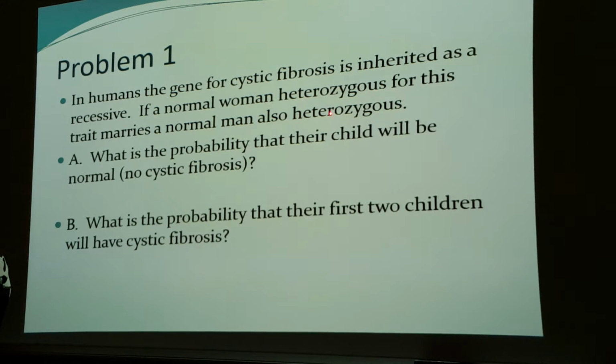If you're heterozygous in this trait, you are a carrier of that trait. So two heterozygous parents marry, and this is the common scenario. So what is the probability that their child will be normal, no cystic fibrosis?